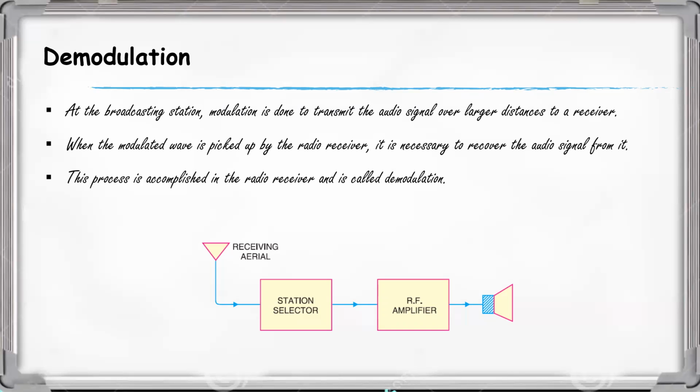The signal from a particular station should be selected. That is done with the station selector, and after that we get only the signal from that station in the amplitude modulated or phase modulated format.